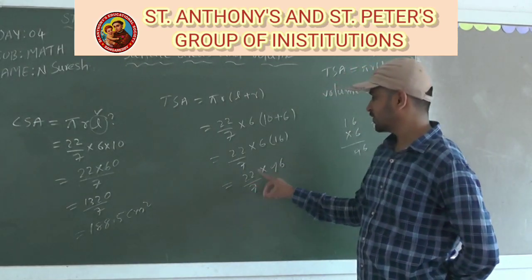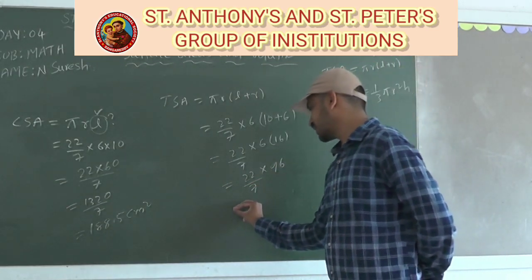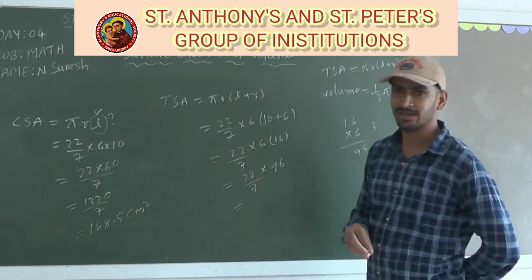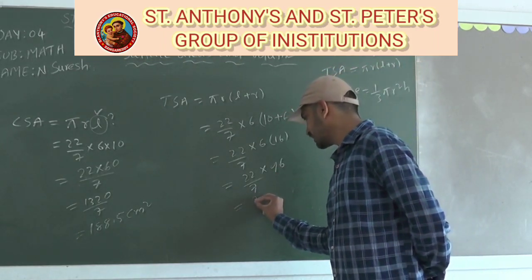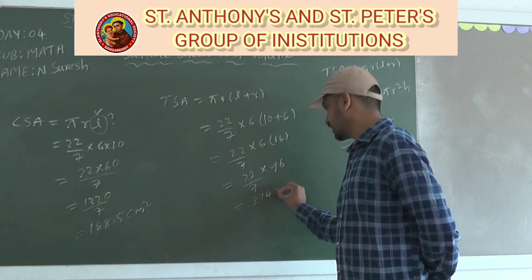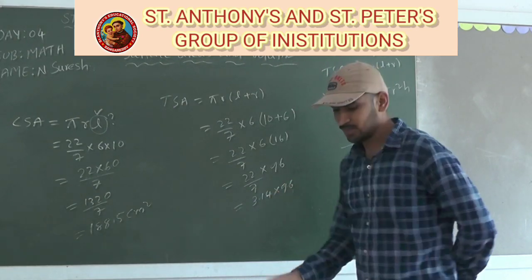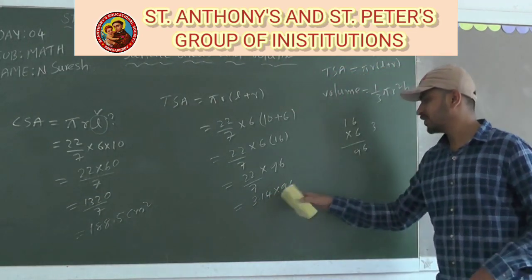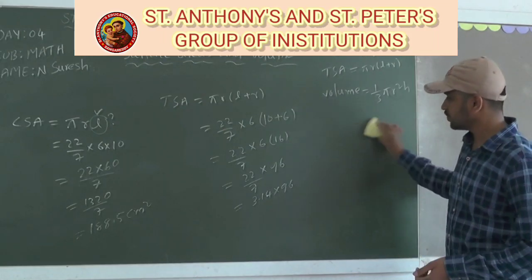So again you have to find 22/7; you know already it is 3.14, you can use it directly, otherwise you have to divide. So I want to take 22/7 directly as 3.14 into 96. Now we have to multiply 3.14 into 96.